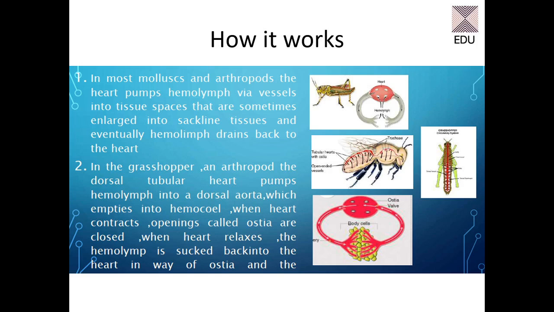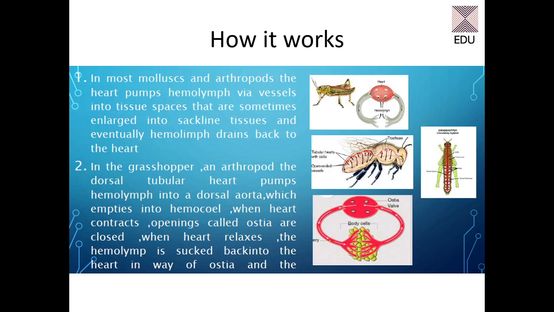These tissue spaces are sometimes enlarged into saccular tissues, and eventually the hemolymph drains back to the heart. So this particular space is the hemocoel or the sinus, and from here the body cells get the tissue oxygenation and nutrients.